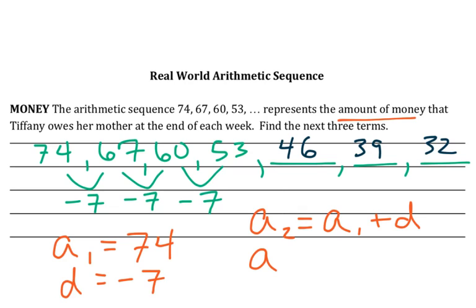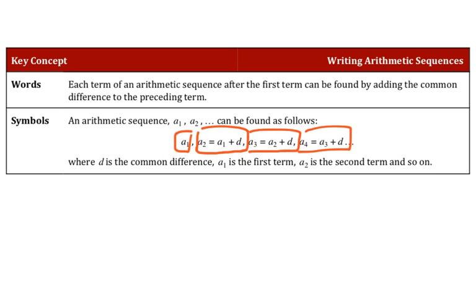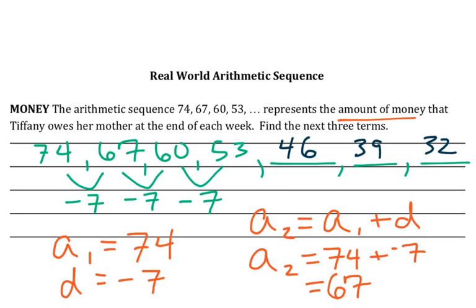So if I wanted to know what a sub 2 was, I would have to take 74 and then add a negative 7 to figure out that a sub 2 is 67. You'll have to use this notation soon. It's just that we were talking about this and I want to make sure we don't get too far away from it before you get to apply it. So I'm showing you what it looks like.